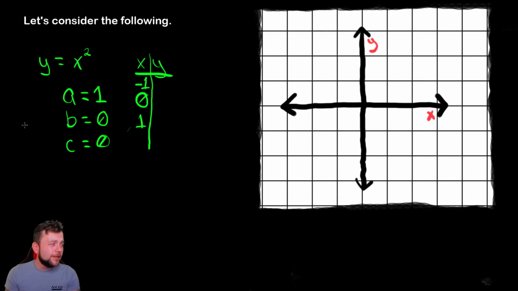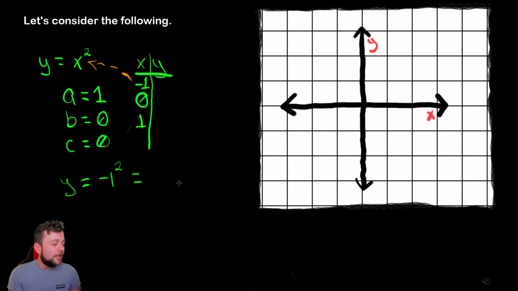It doesn't change anything. So let's plug in our -1 for this, and we will do more than this. So what happens when we plug in a -1 for x? Well, we get y equals -1 squared.